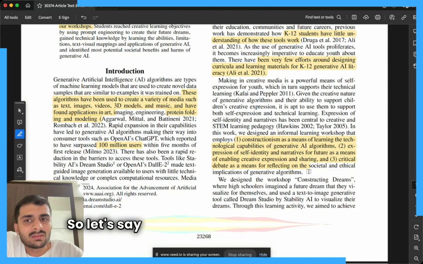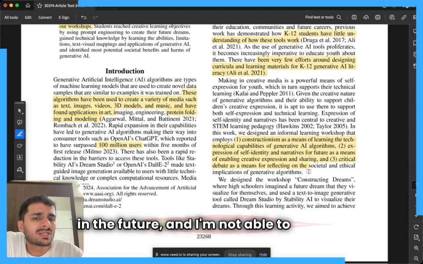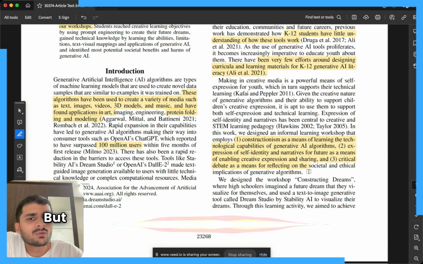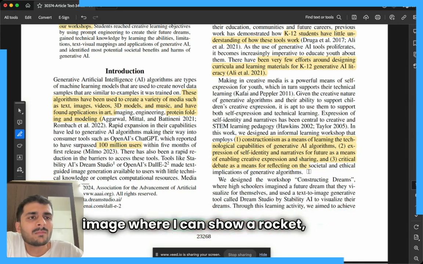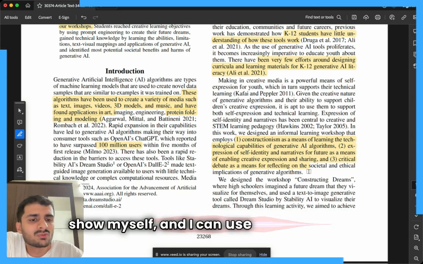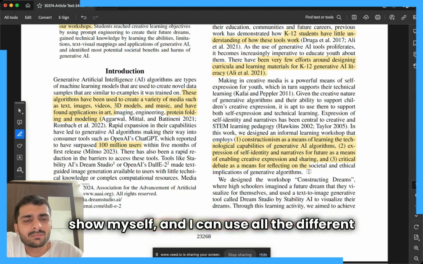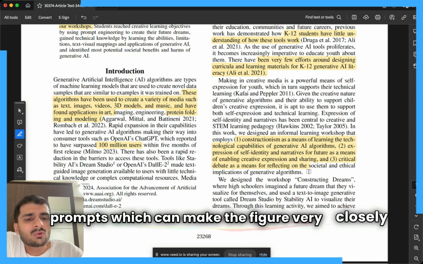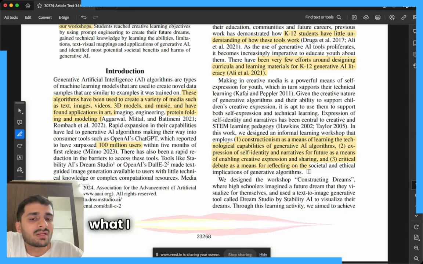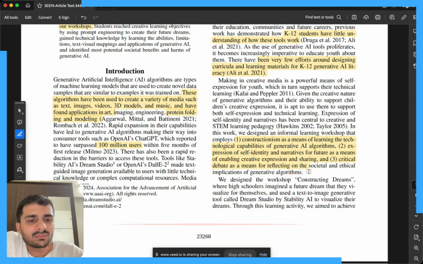So let's say I dream of becoming a scientist in the future, and I'm not able to express it to my friends, to my parents, but using these applications I can actually create an image where I can show a rocket, I can show myself, and I can use all the different prompts which can make the figure very closely represent what I really want to do in the future.